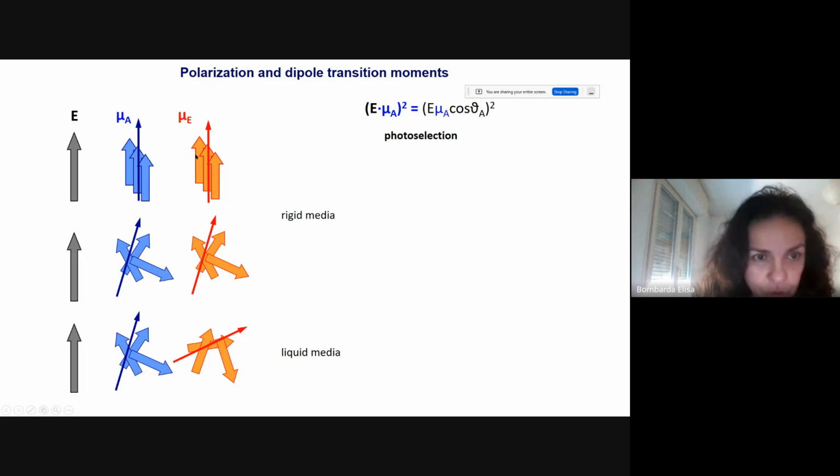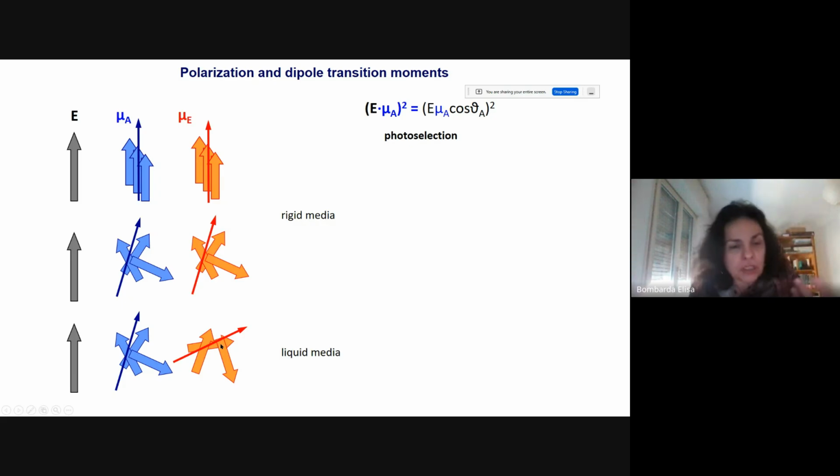We see also that we can have rigid media, where the system is not changed during the excited state, and liquid media, where instead the molecules reorient, and so of course their transition dipoles also reorient differently.